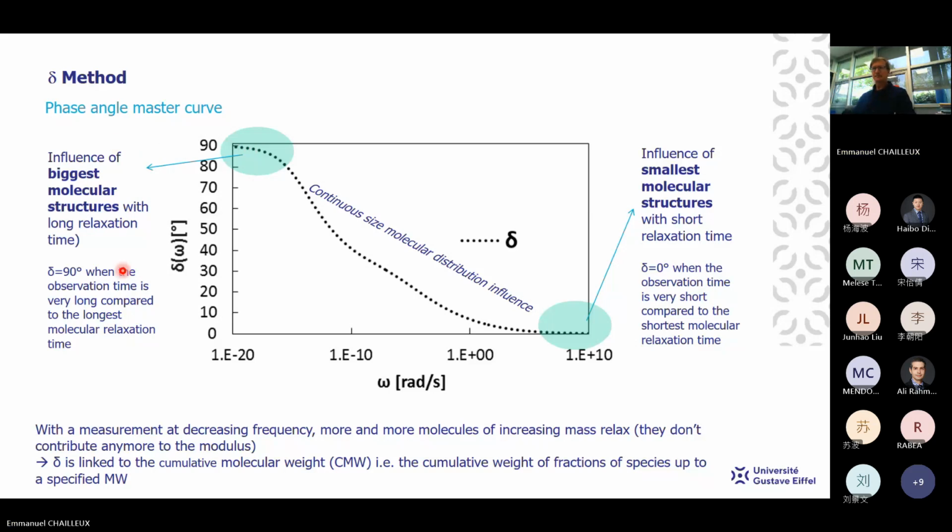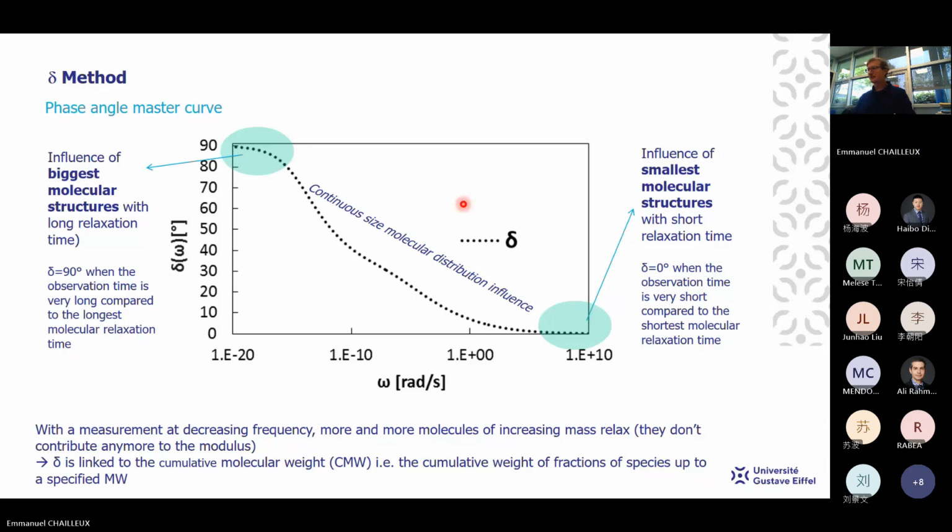So the phase angle reaches 90 degrees, and we can consider that the phase angle reaches 90 degrees when the observation time, or the inverse of frequency, is very long compared to the longest molecular relaxation time.